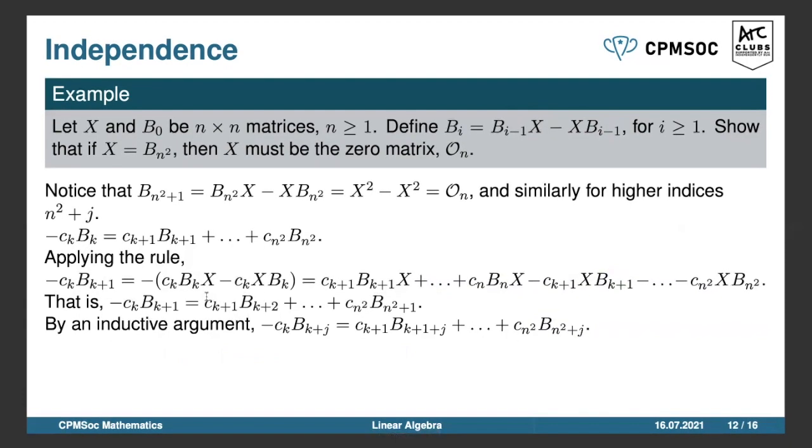If we continue this by induction, eventually we'll go from Bk to Bk plus 1 to Bk plus j, and we'll add j to all of the indices on this side.